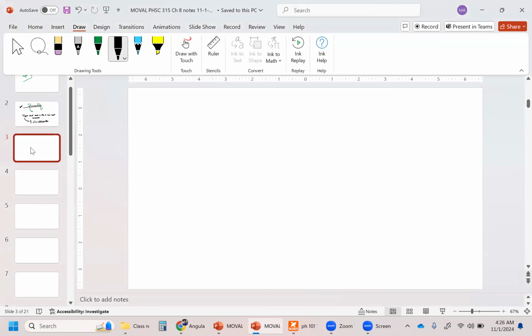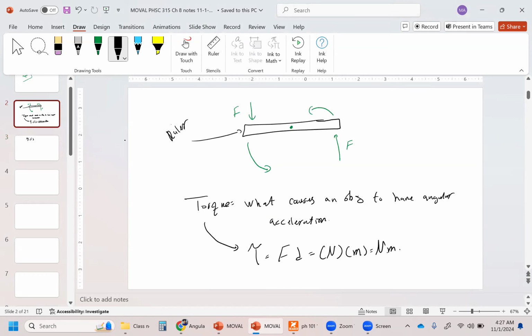Let me go ahead and write this down. So your torque is going to be your force times your distance. I didn't label these over here, so let me go ahead and label this.